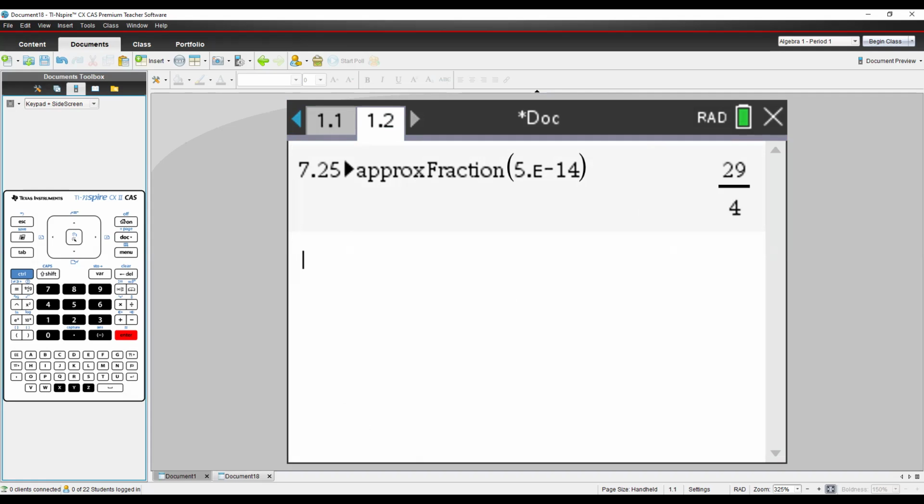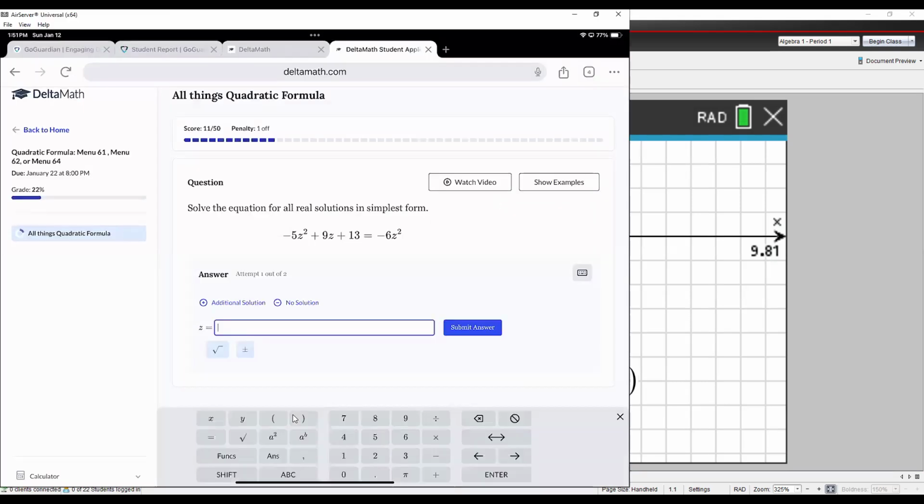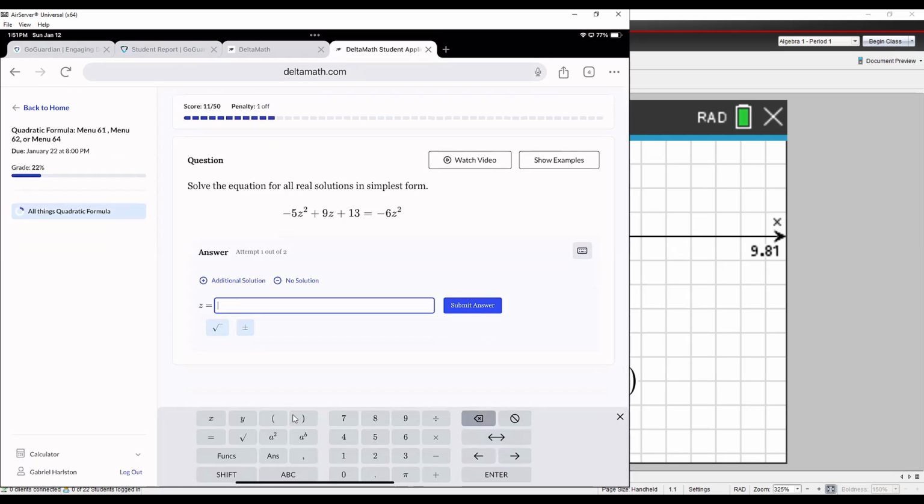So here is the answer that I'm going to enter. I'm going to put in a negative 9 over 2. Let me try this again. Can I delete them? All right, let me try this again.